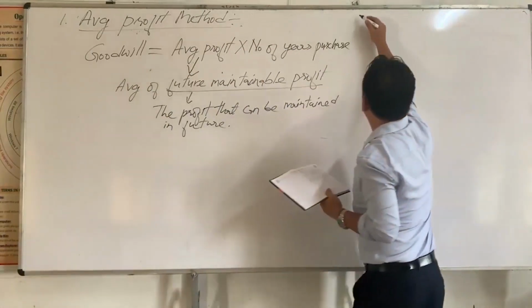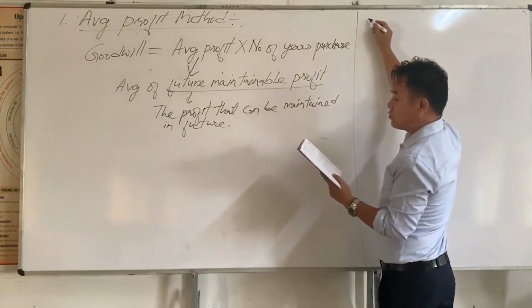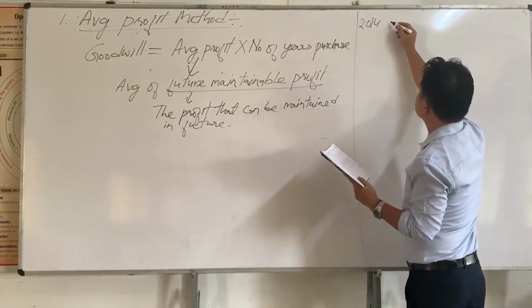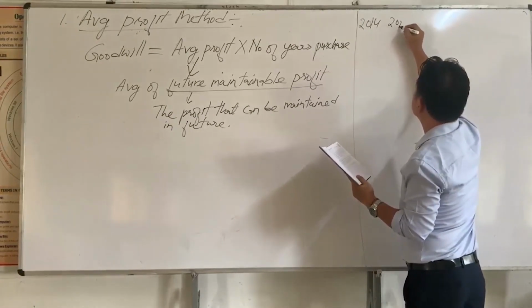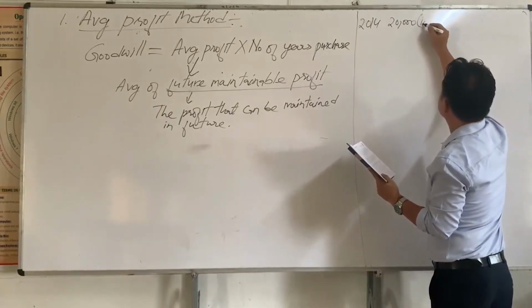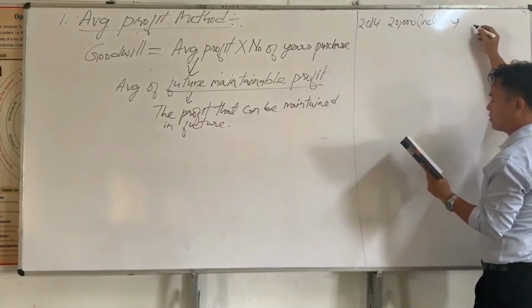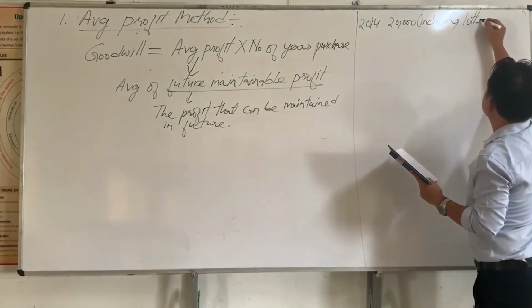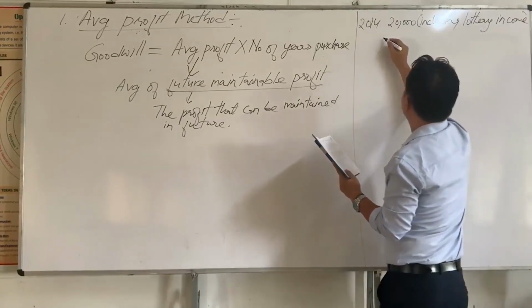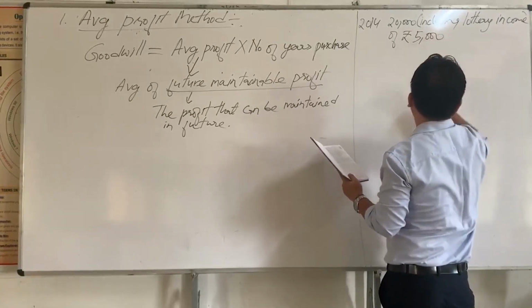Suppose in the year 2014, the profit of the firm was rupees 20,000, which includes lottery income of rupees 5,000.